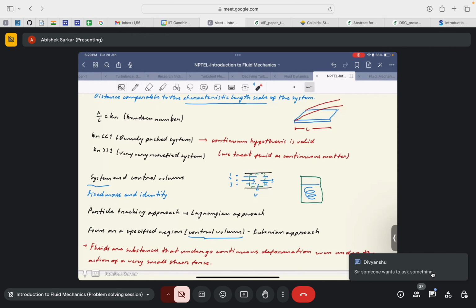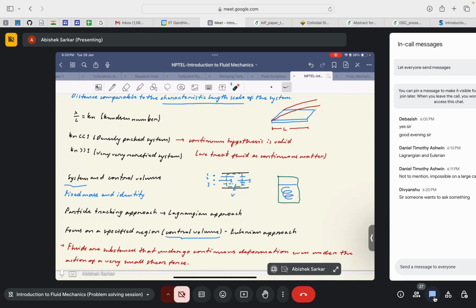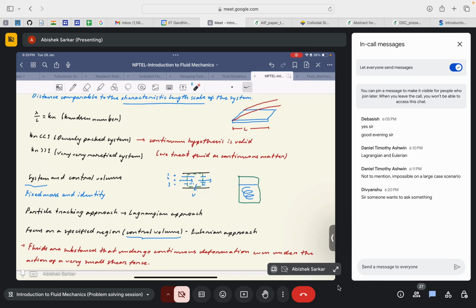Someone wants to ask something? Someone raised a hand, but I do not see. Okay, Divyanshu, who is it? I'm sorry, I'm not able to see someone raising a hand. You can either unmute yourself or just ask, or you can type in the chat box as well. It's completely fine.